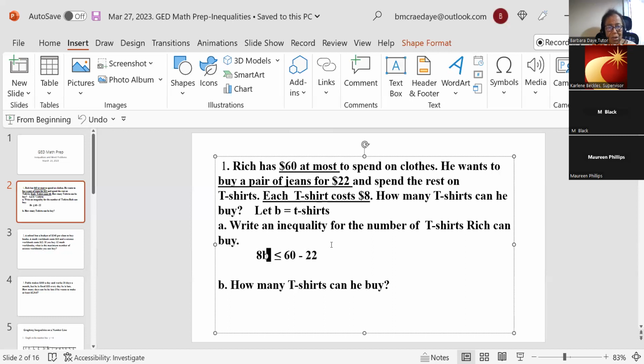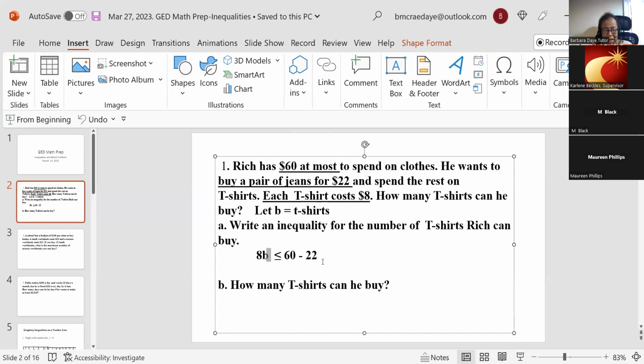So you're taking all this and translating it to the inequality. $8 per t-shirt times the number of t-shirts that we're calling B, which could be any variable you want, has to be less than or equal to the difference between the $60 you started with and the cost of the pair of jeans. Is that clear? Yes.